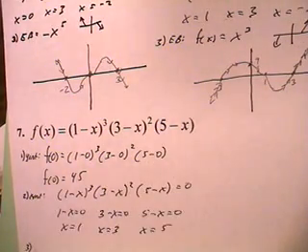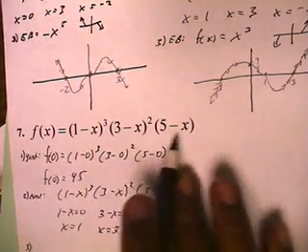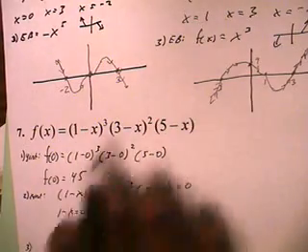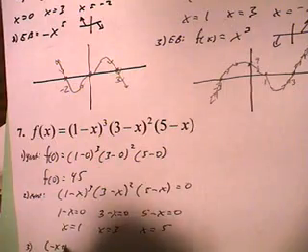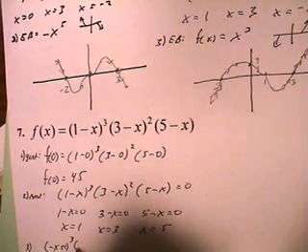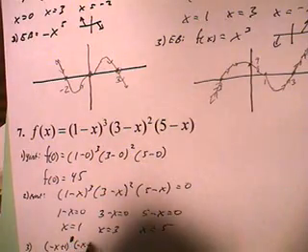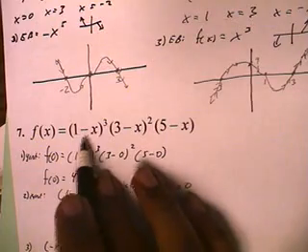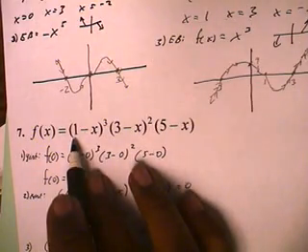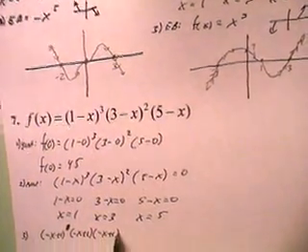Thirdly, my end behavior. To find my end behavior, I'm going to reverse all my terms here. So instead of 1 minus x, I'm going to write negative x plus 1, cubed, and expand that to negative x plus 1, negative x plus 1, negative x plus 1. So this is just negative x plus 1 written 3 times.